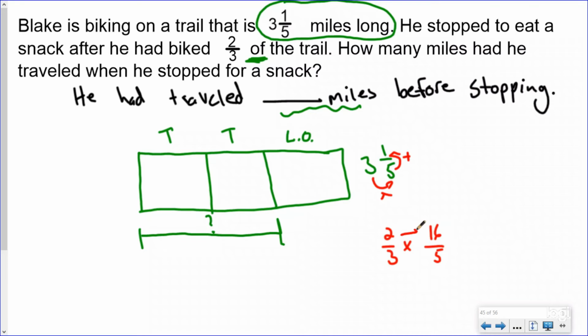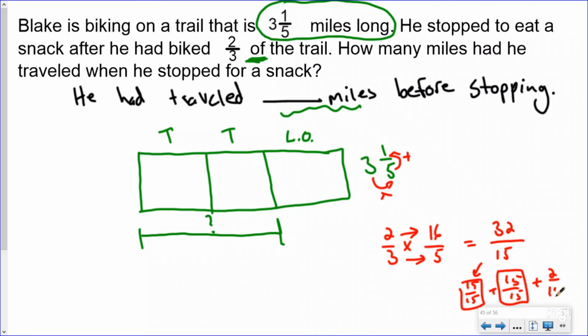And when you multiply across, you're going to get 32/15. And now you can either do your big one number bonds and take out 15/15, and then take out another 15/15, which would leave you with 2/15 left. And so your answer for your question mark is 2 wholes and 2/15.